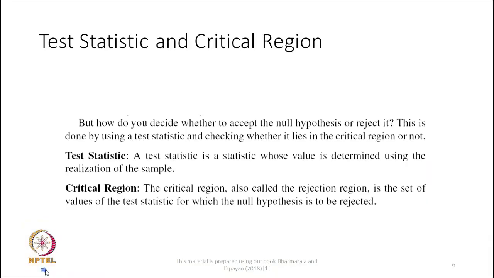It is a statistic whose value is determined using the realization of the sample. Not only that, being a test statistic, it should involve only the random sample values as well as known parameter values, not the unknown parameter values.